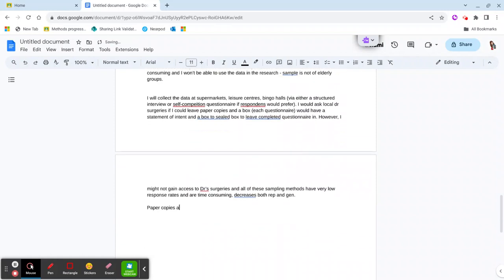Paper copies of the questionnaires are time consuming to analyse, but for the structured interviews, I would use Google Forms, as this is quick.